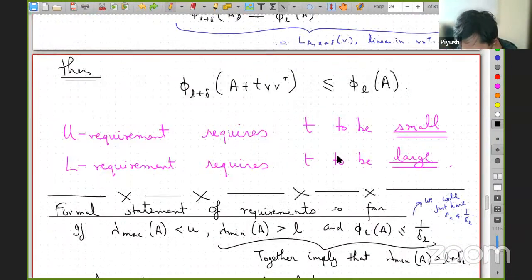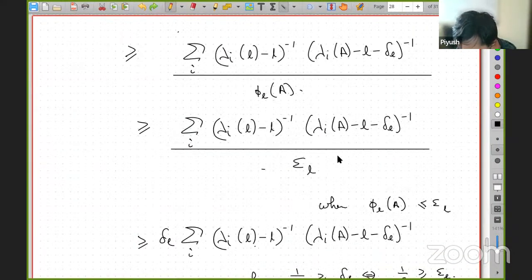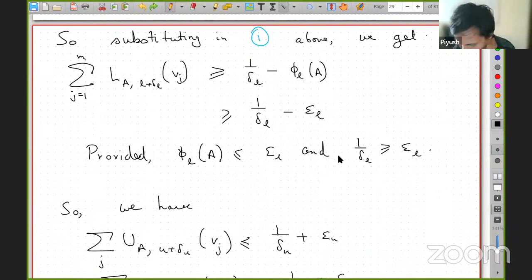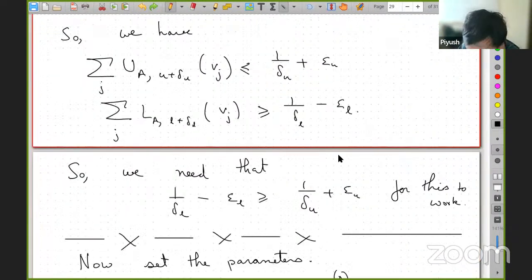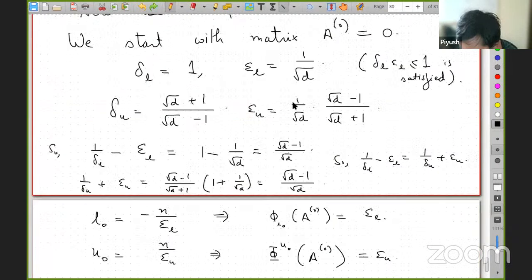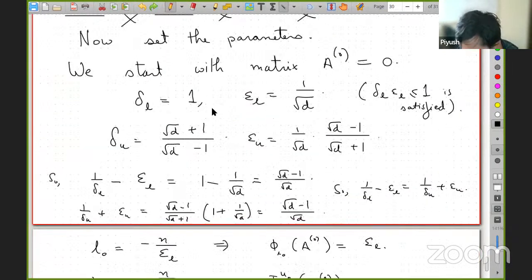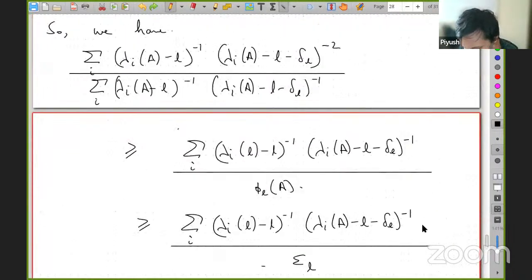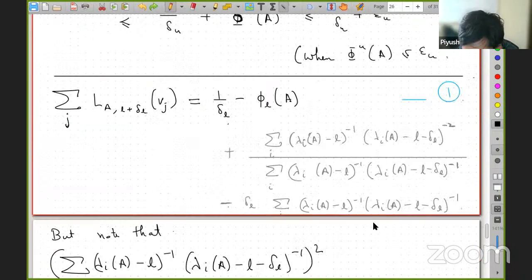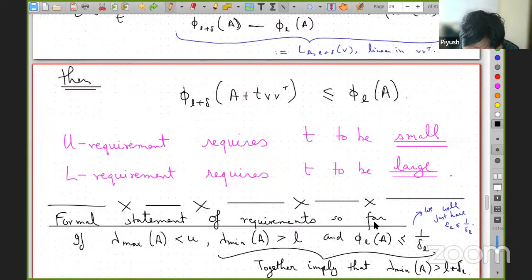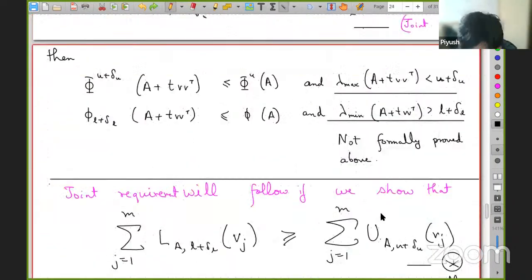So, is the construction clear now? You start with A0. You set delta L equal to 1. You set delta L, delta U, epsilon U, all these quantities. The point is that all the conditions that we required are now satisfied for these choices. And now what you do at each point is compute this.